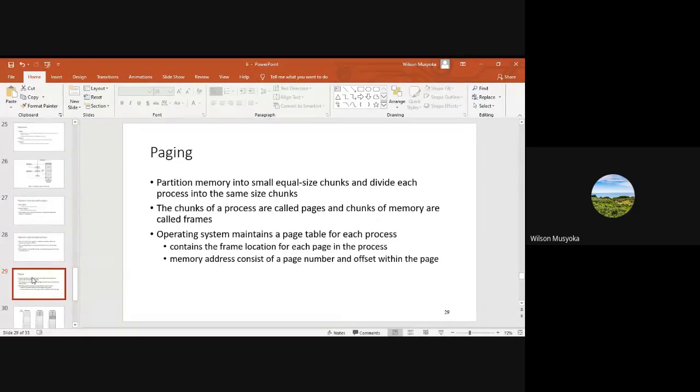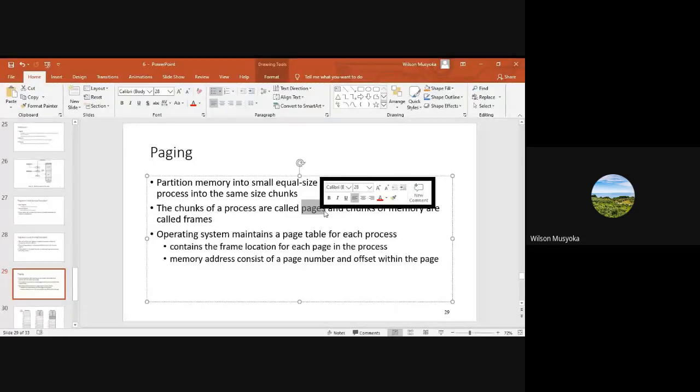Now, several chunks of a process are the ones we are calling pages in terms of the memory allocation being given to them. That is why we are saying memory is going to be partitioned into small equal size chunks.